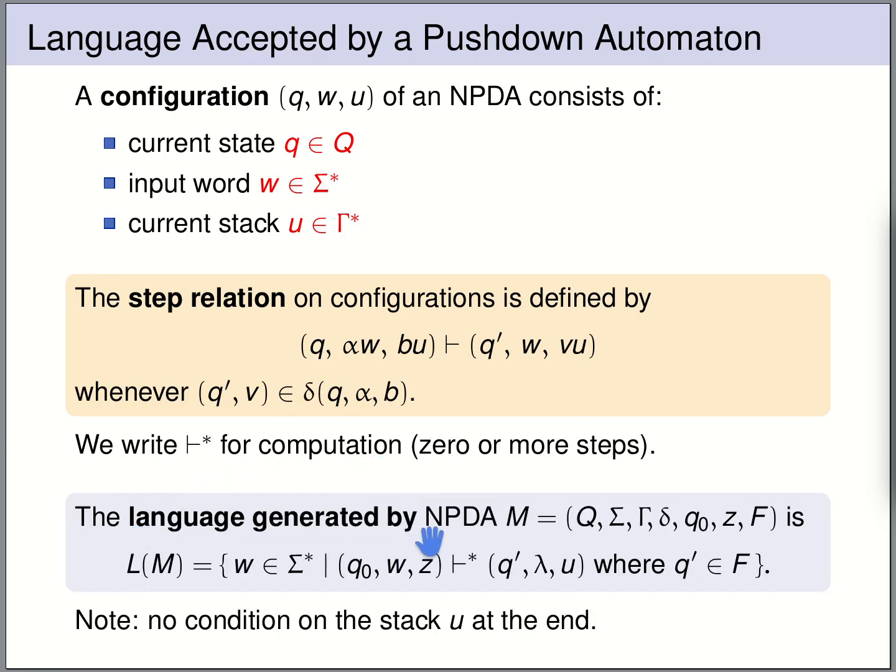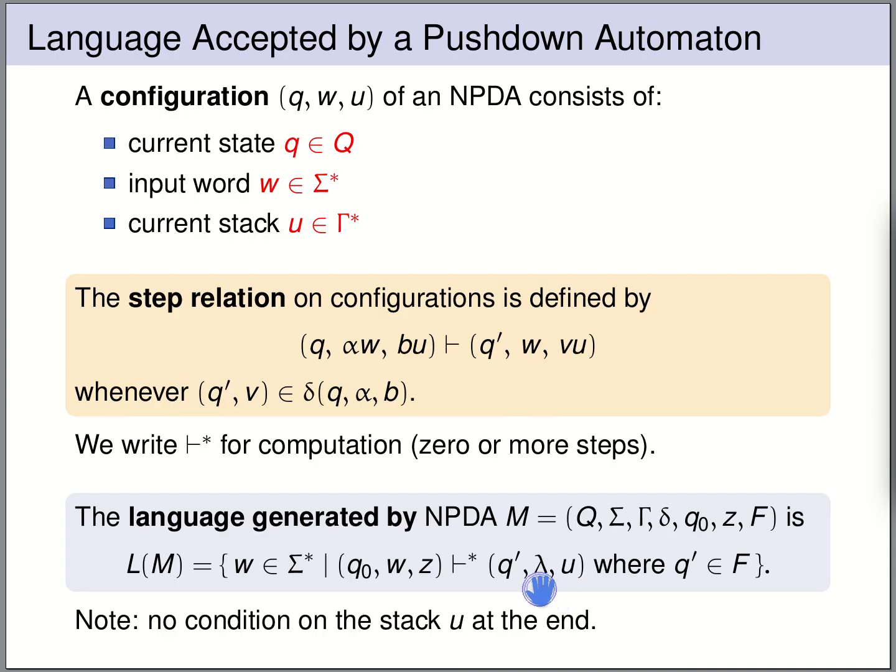Now, the language generated by a non-deterministic pushdown automaton consists of all those words over the input alphabet, such that there is a computation of the following form. Namely, if we start our pushdown automaton in the starting state with the input word W, and the initial stack content just consisting of Z, then there is a computation that brings us to a final state Q'.